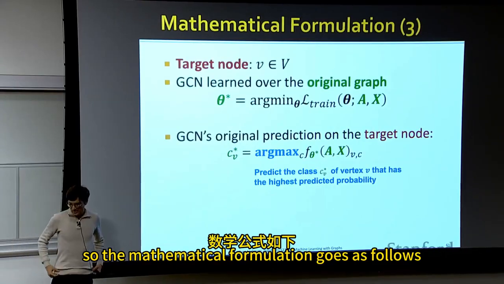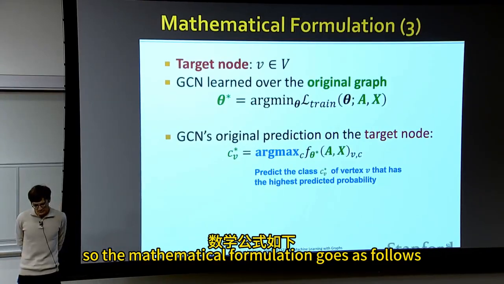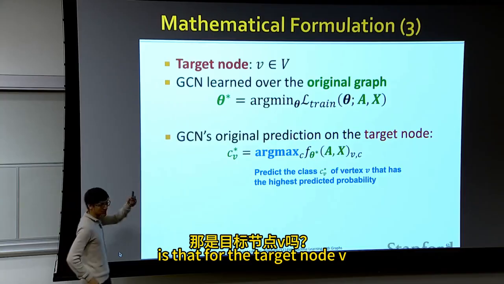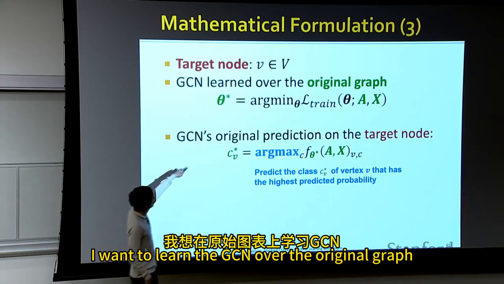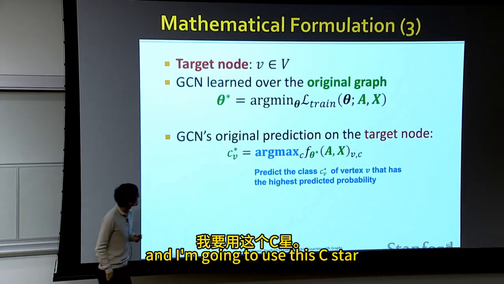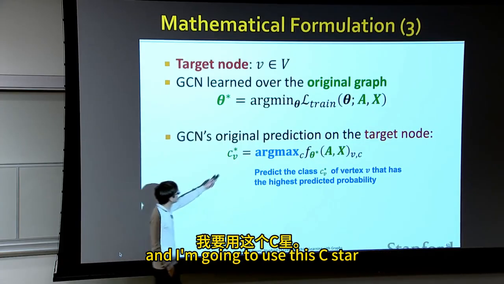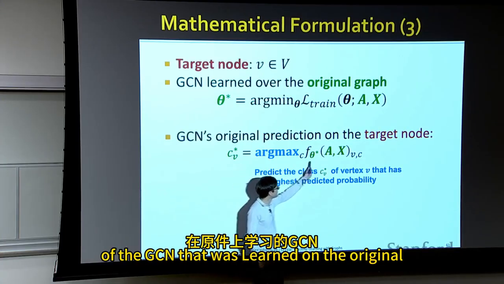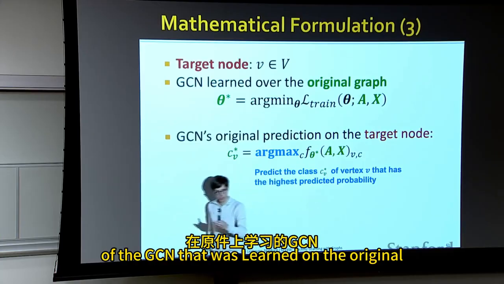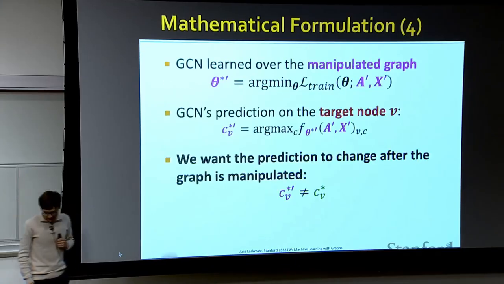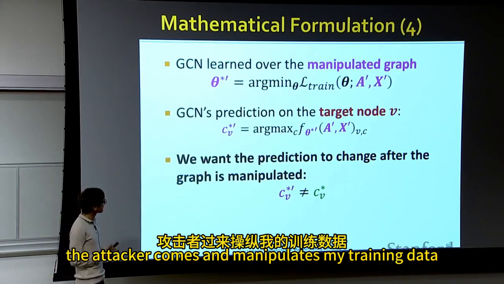So the mathematical formulation goes as follows. For the target node V, I want to learn the GCN over the original graph, and I'm going to use this C star to be the predicted class of the GCN that was learned on the original unattacked data. Then the attacker comes and manipulates my training data.